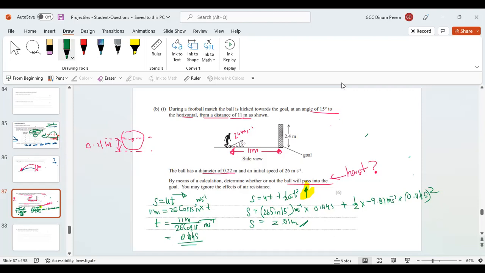At least we need to add the radius because the center of gravity is already above the ground. We should add at least 0.11 because even though it's 2.01, it's from the center of gravity.